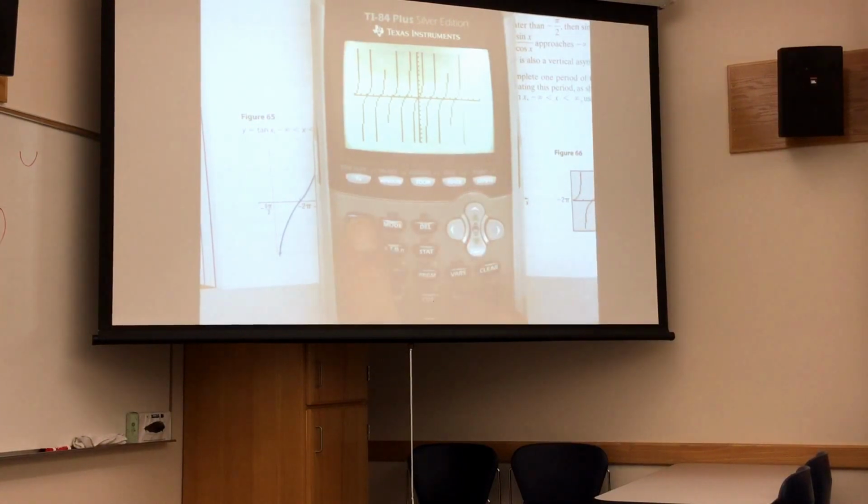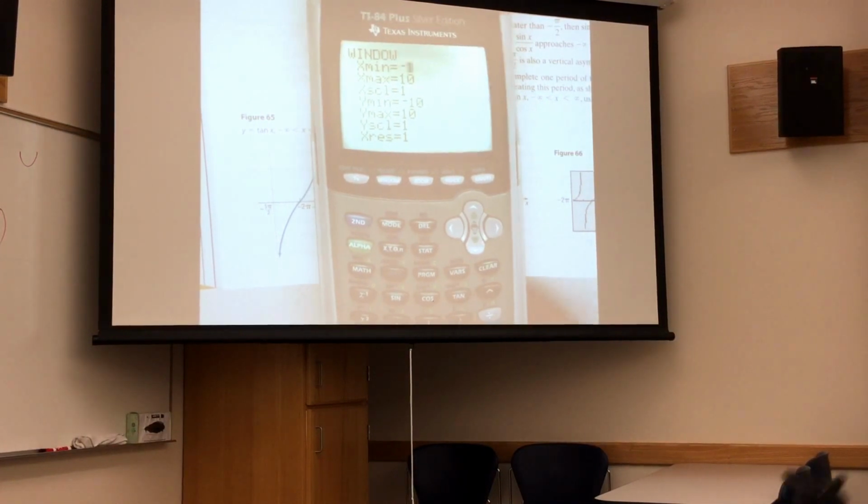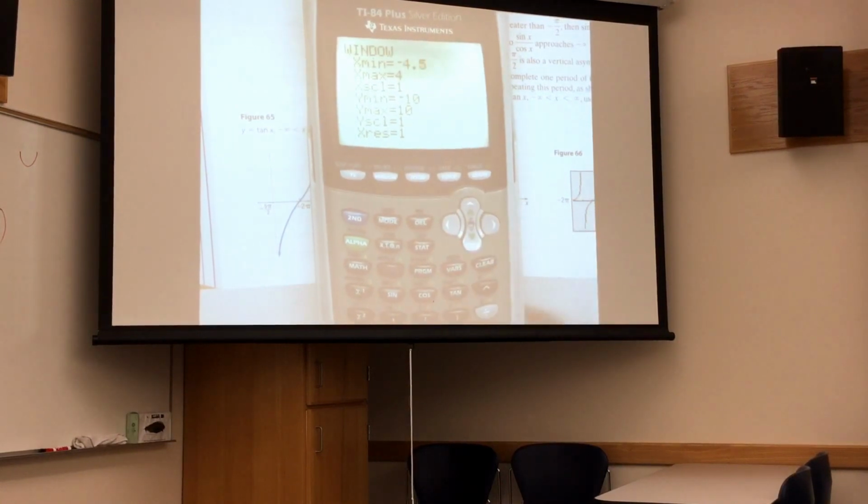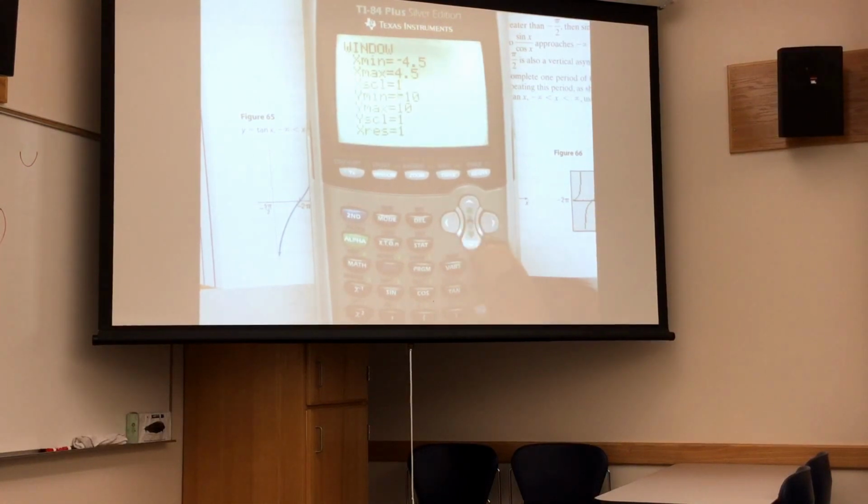So let's go back, and I'm going to change my x-min to fit what I have there, let's say -4.5 to 4.5, and my x max, y min will go say -5, y max 5. Let's try that. So you can clearly see that's what we have for our graph, right?